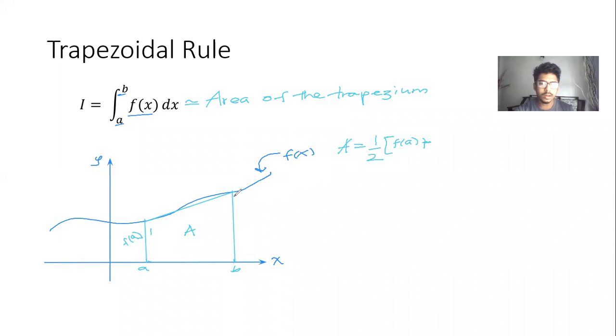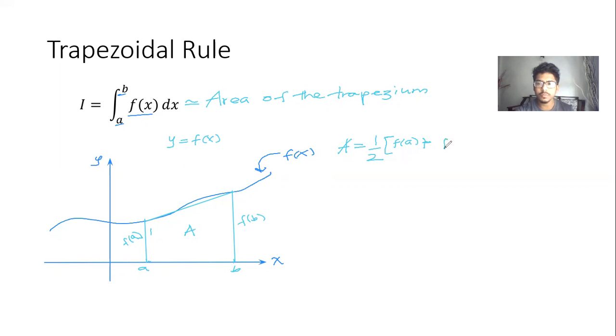Plus, now the length of this one is f(b), because if we put b in this function, we get the y value, right? Because y equals f(x). If you put a into this function, you get f(a) here, the y value of f(a), and similarly f(b).